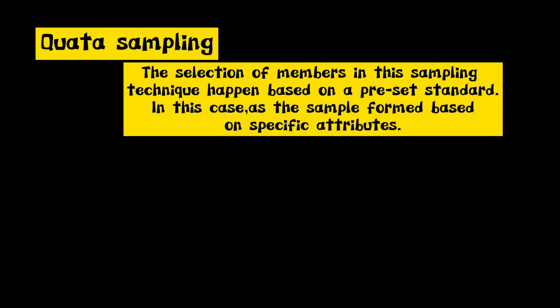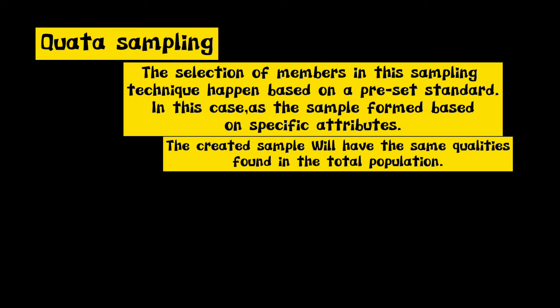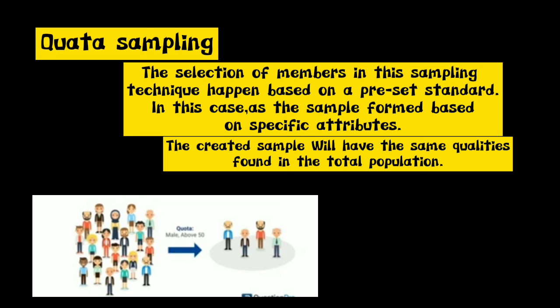Quota sampling. The selection of members in this sampling technique happens based on a preset standard. In this case, as the sample is formed based on a specific attribute, the created sample will have the same qualities found in the total population. Kapag ito ang ating gagamitin, merong i-set na limitation.